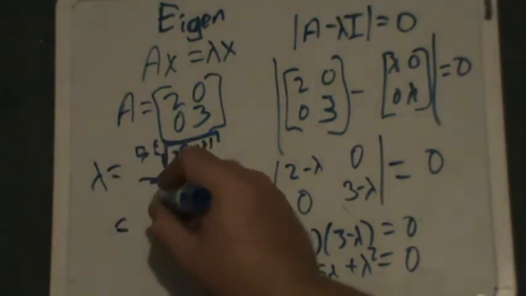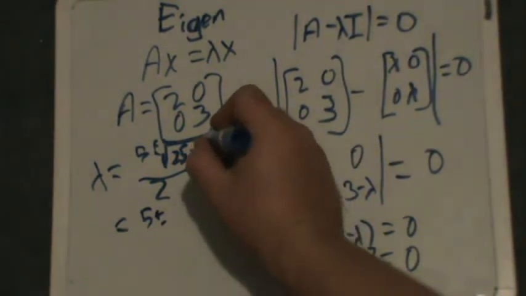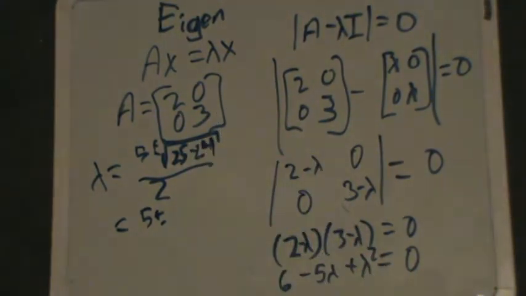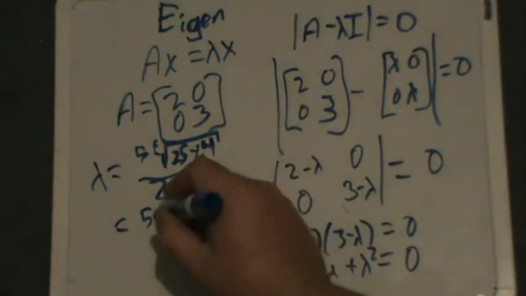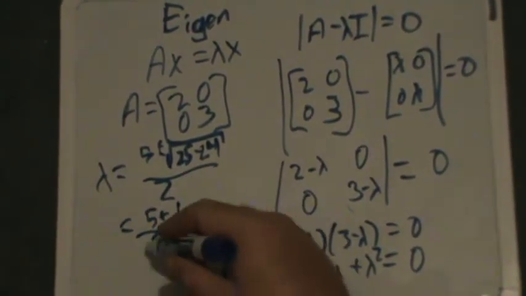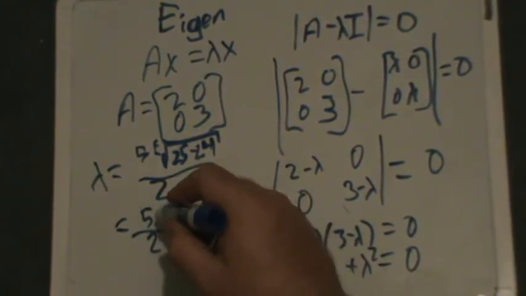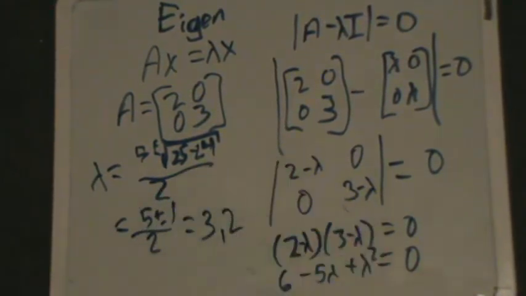So that's 5 plus or minus 25 minus 24 is 1. Square root of 1 is 1, all over 2. So 5 plus 1 is 6, divided by 2 is 3. 5 minus 1 is 4, divided by 2 is 2. So you get the 2 and 3 that I mentioned.